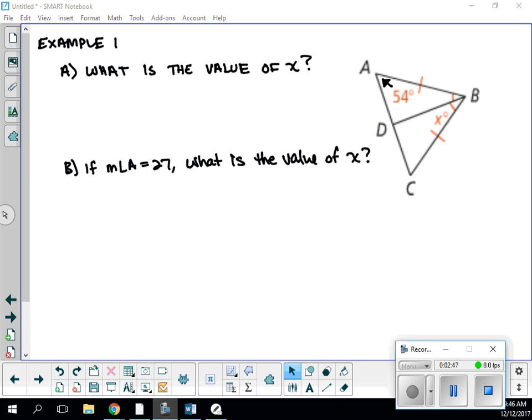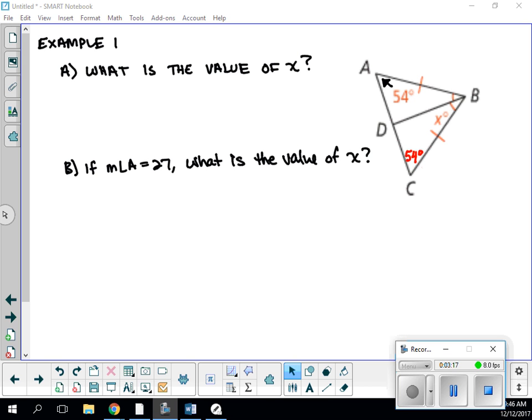Based on the picture, what can we fill in? I know that I'm dealing with an isosceles triangle, which means that the angles across from the congruent sides have to be the same. So angle C also has to be what?